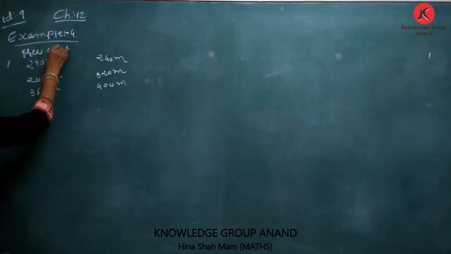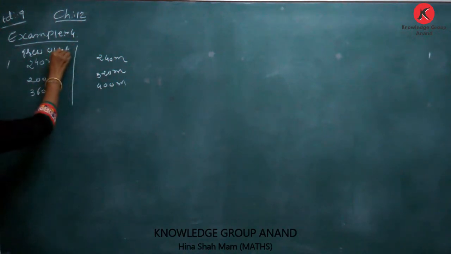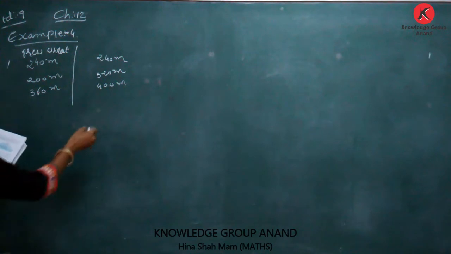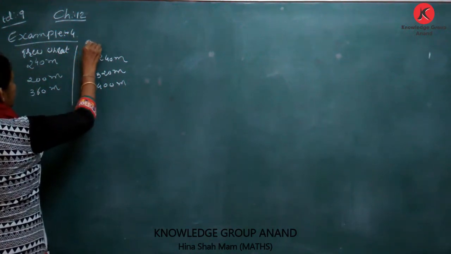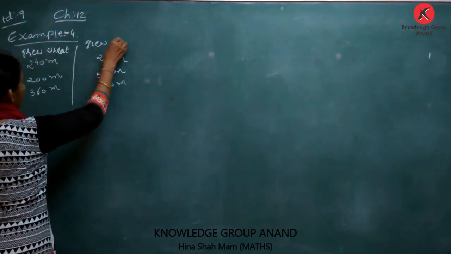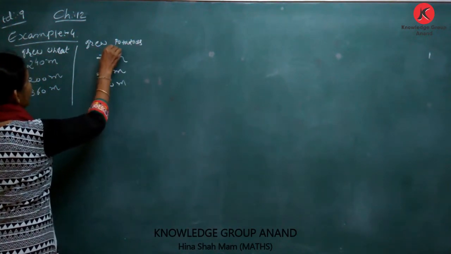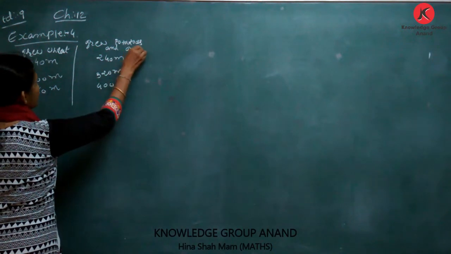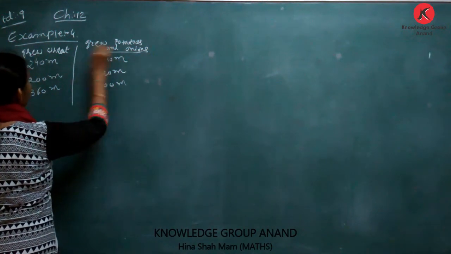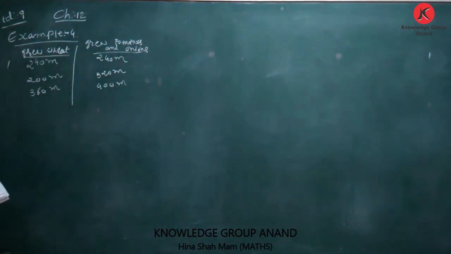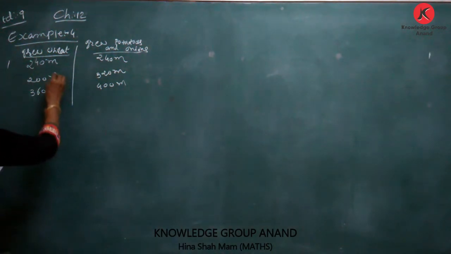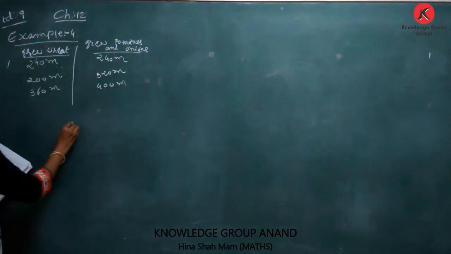And in this area she grew potatoes and onions. Both are triangular fields and adjacent. Here which side is common? 240.